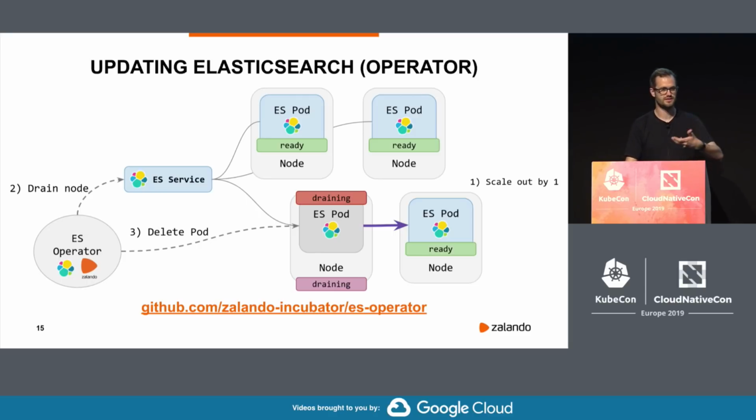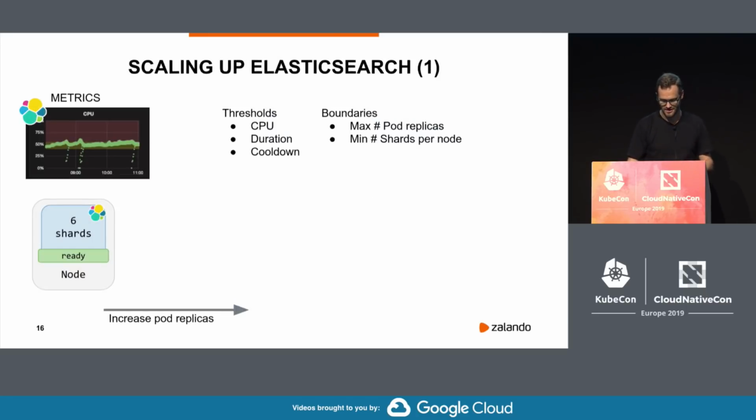And then this case is handled, and also if it takes more than 1 hour, the operator can just continue to try to drain. If the operator dies, it will just start back up and continue from where it stopped. So it's very resilient in that way. And lastly, the pod is gone. Okay, so this is the upgrading of a cluster, both Kubernetes and Elasticsearch.